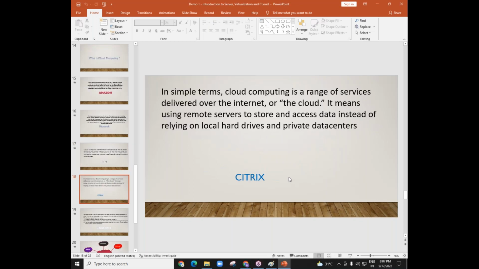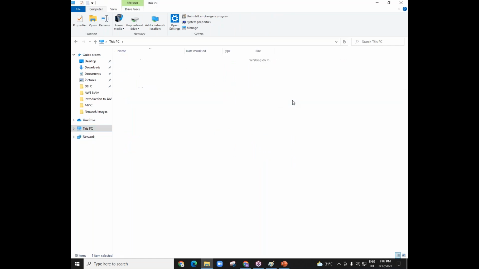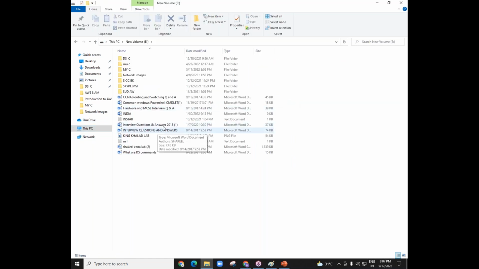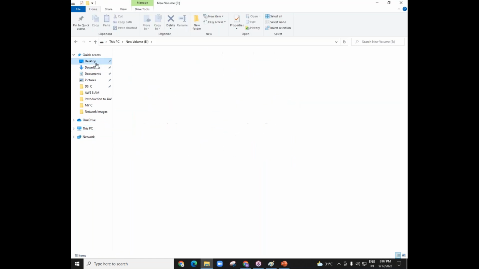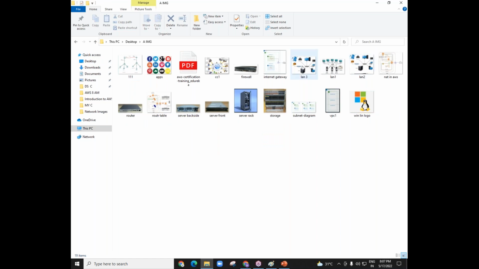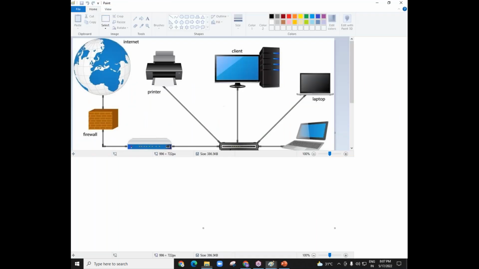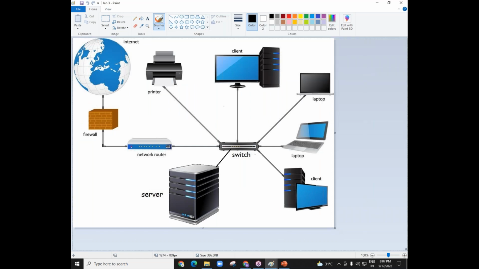So let us go and see generally what is cloud computing now. To understand cloud computing, you should know the computer network, the local network that we have in companies. It is called a local data center. This is what the local data center is all about. This is the way all the devices will be connected.